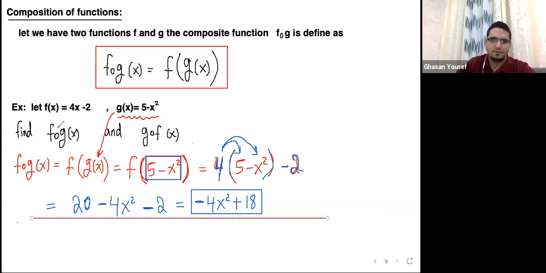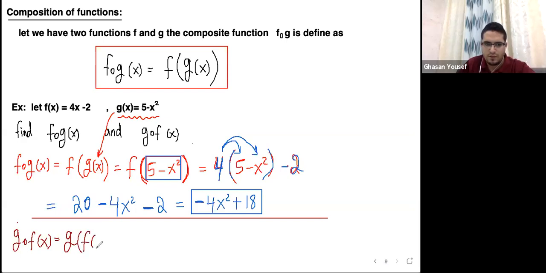Second one. g circle f of x is equal to g of what? f of x, like this. By using the rule. This is my rule: g circle f is equal to g open parentheses f of x.